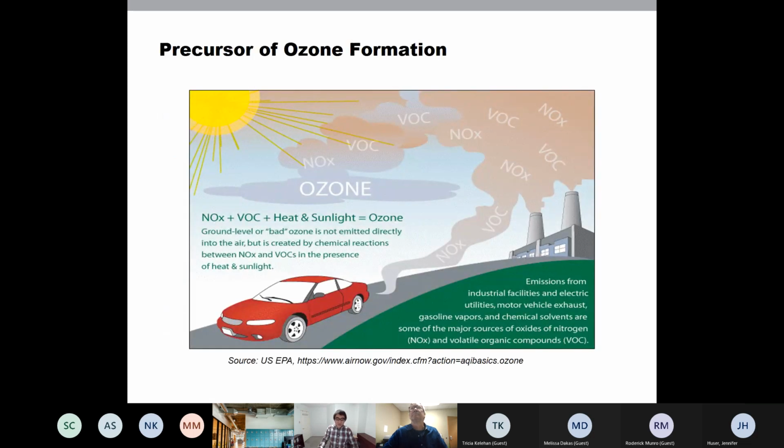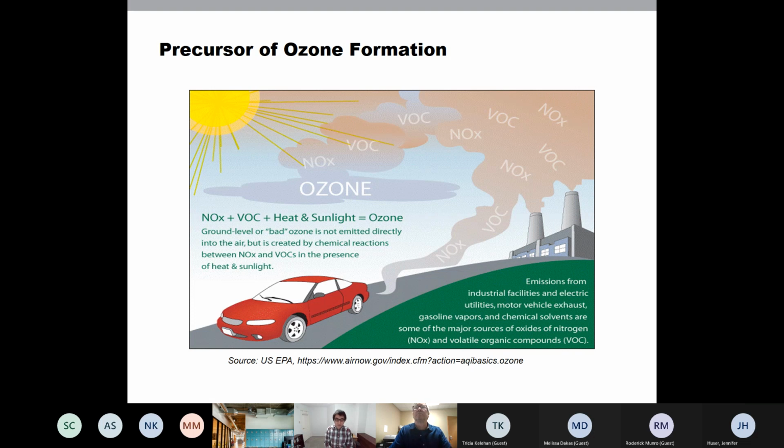As we all know, ground level ozone is formed due to NOx emissions and VOCs, the organic compounds, with some heat and sunlight.